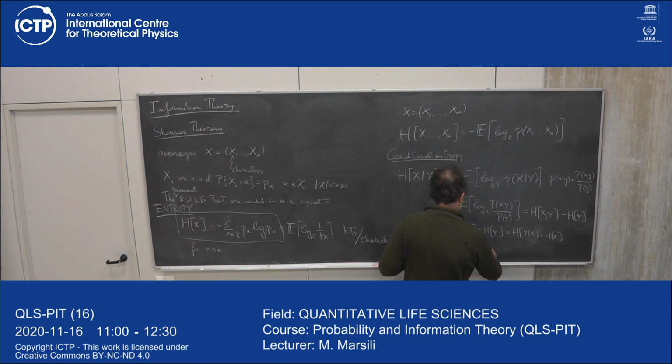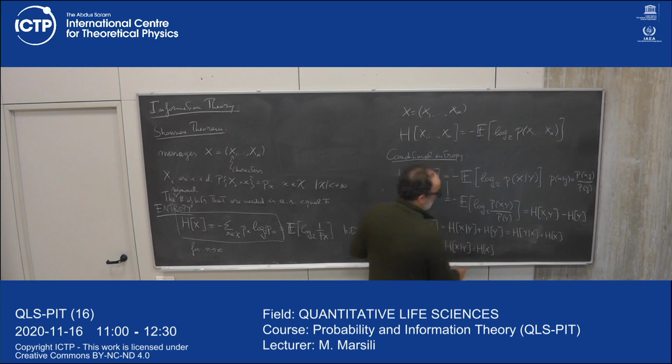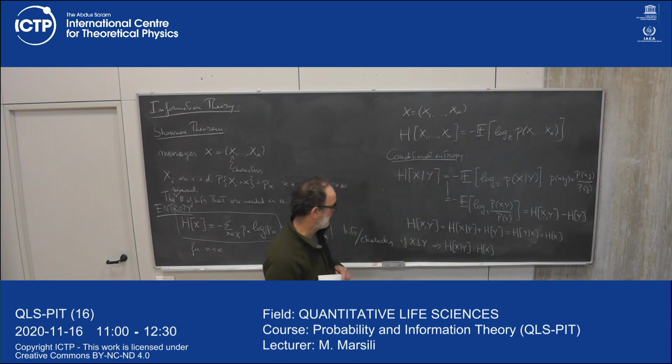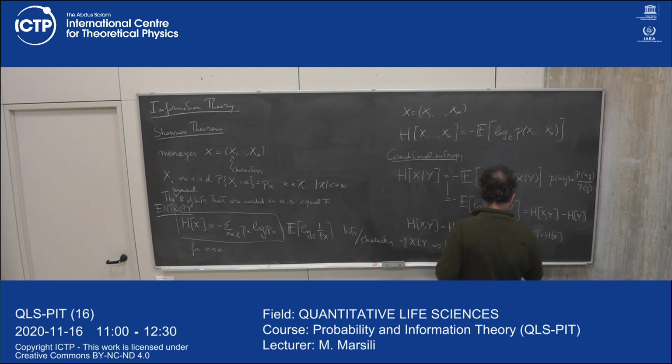So this tells you that if x and y are independent, knowing y does not change at all your state of uncertainty about x. And it also tells you that if x and y are independent, then as we said before, the entropy of x and y is equal to the entropy of x plus the entropy of y.